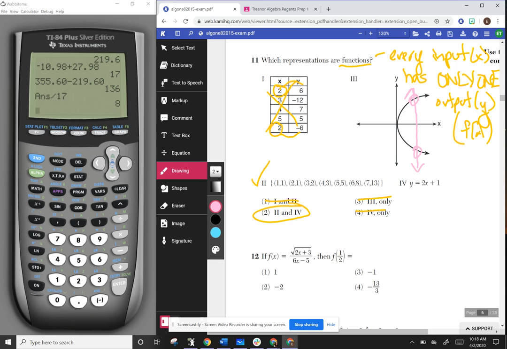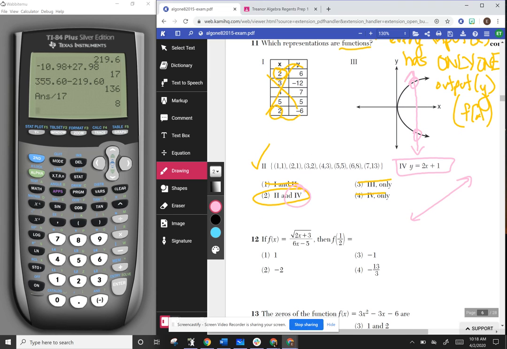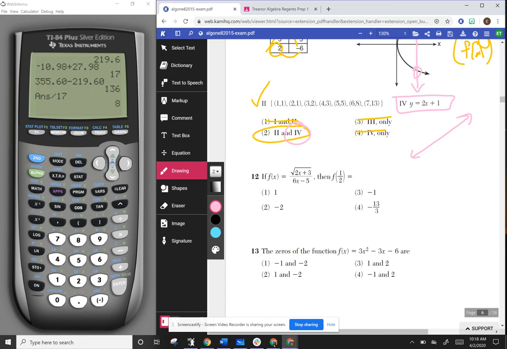And the equation for 4 is a line, meaning that this is a function, but we know that because it's in the answer choice. Okay, and this will be the last one we do.